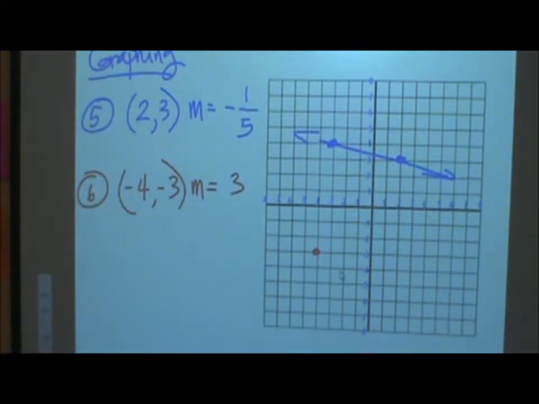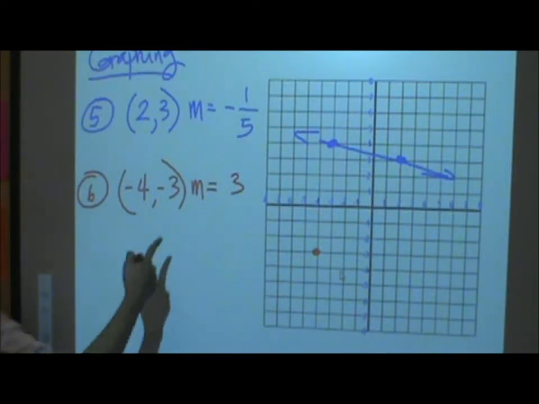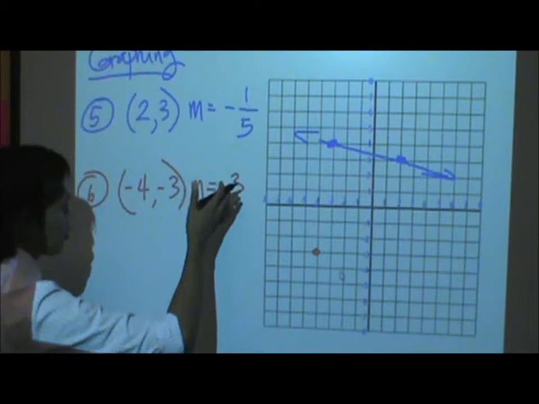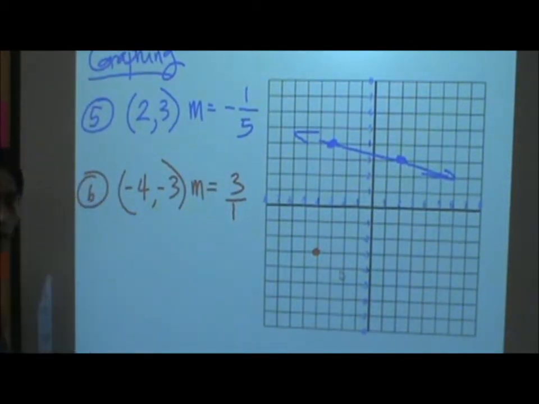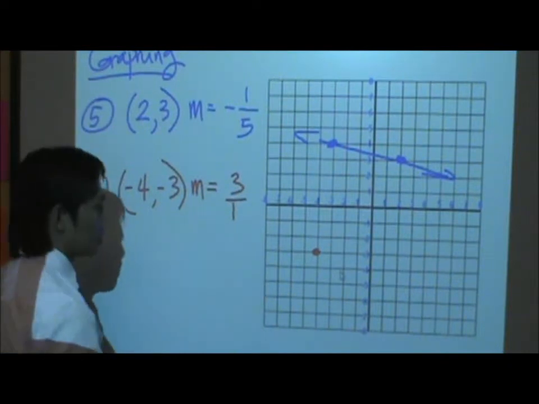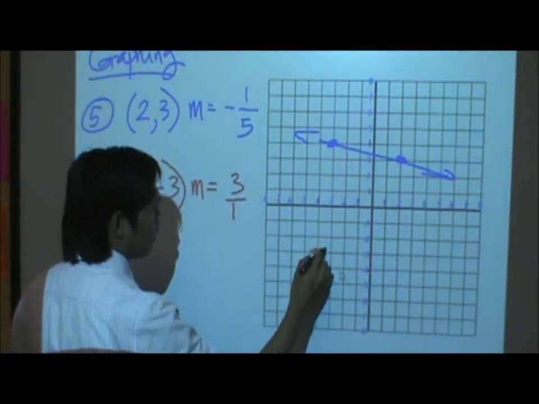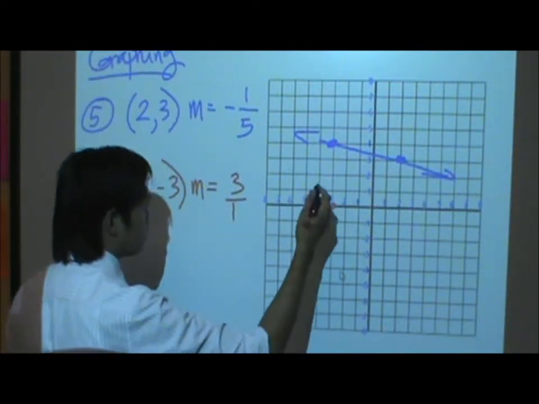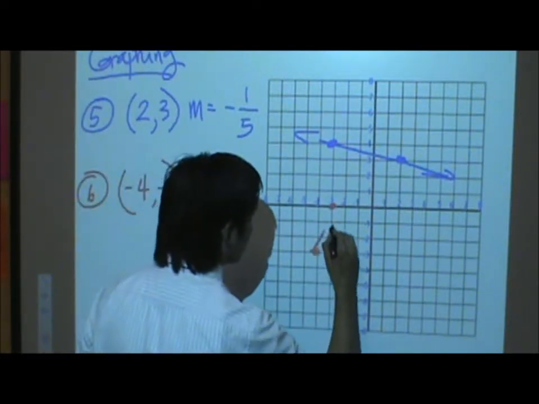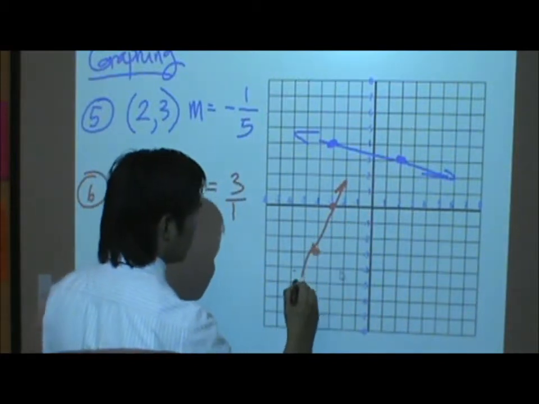Now apply the rise over run, which is the slope, which is 3. You have to remember we have to express this as a fraction, so we can make it 3 over 1. The slope is 3 over 1, which means from that point, you go up 1, 2, 3, and then you go to the right because it's positive. Just go to the right 1 time. This is going to be the graph of the second.